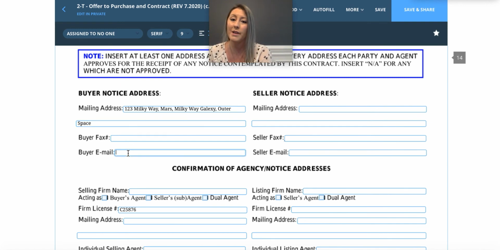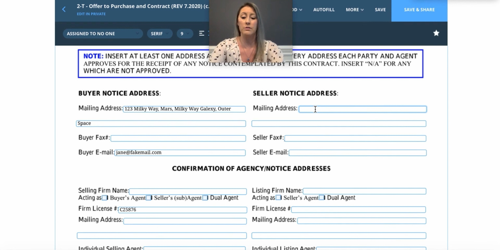Fax. Not too many people have faxes anymore, so if they have a fax, you can put that in there. But the buyer's email, we're just going to put Jane's email. Just one of the emails is fine. If you have the seller's address, go ahead and put that in there. Again, you can find that out through tax records, and you'll know if the owners are still living there.